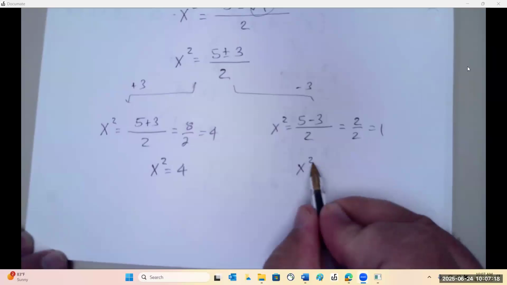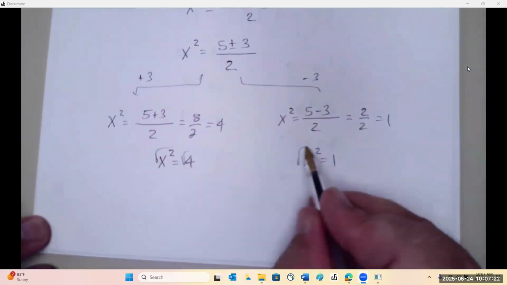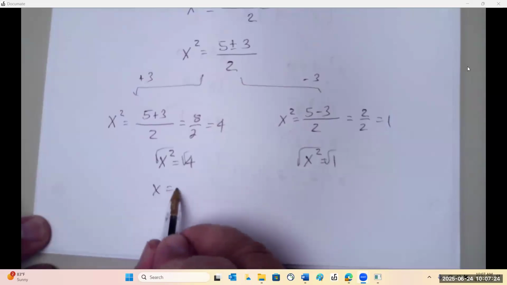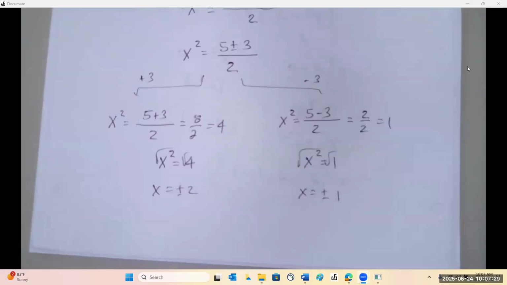So x squared equals 1. And do the same thing we just did. So x is equal to plus or minus 2. X is equal to plus or minus 1. Any questions so far?